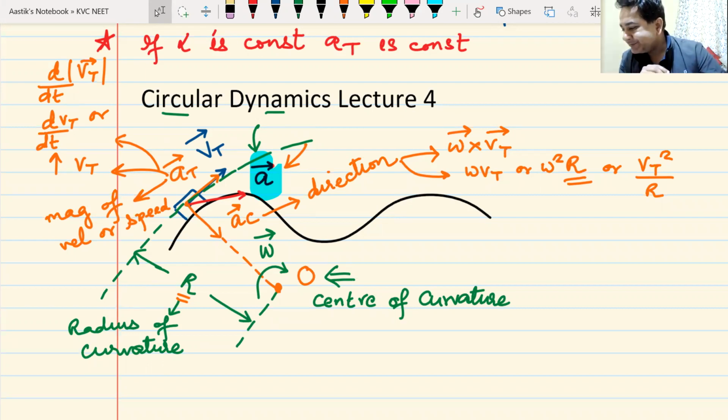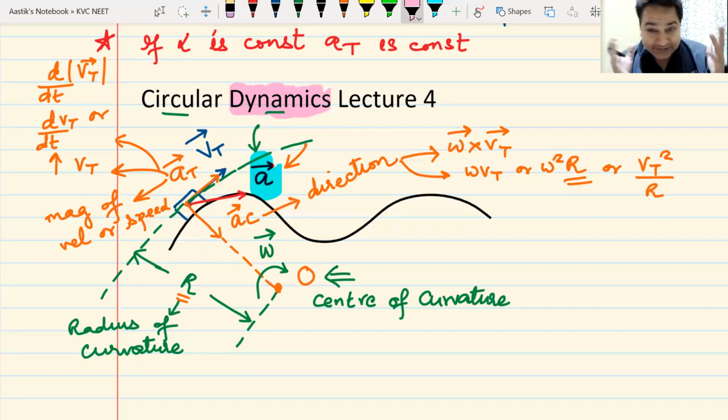Now remember, the heading of this class or this topic is circular dynamics. If I go back in the past, physics gives us a chance to go back in the past, especially this class.